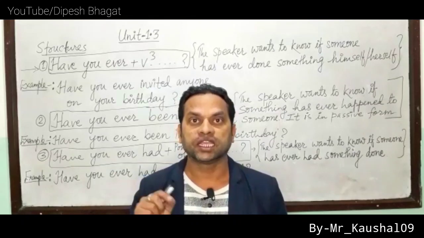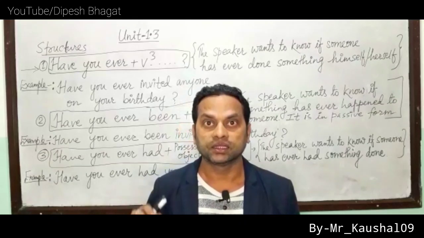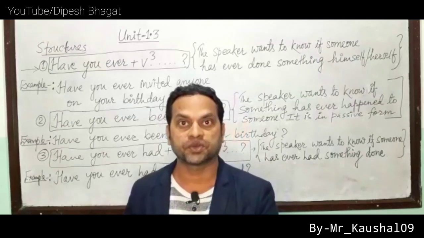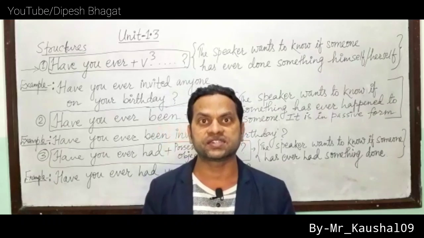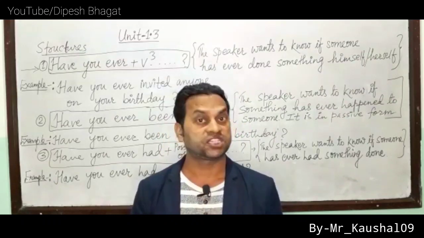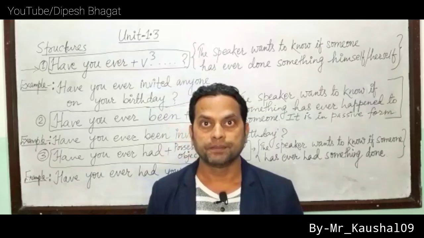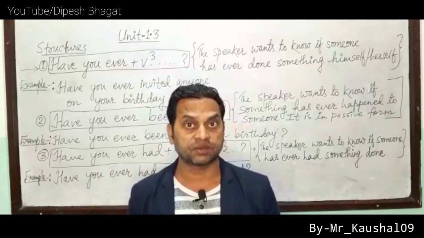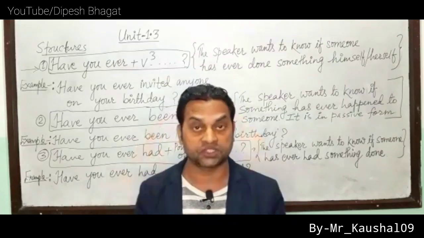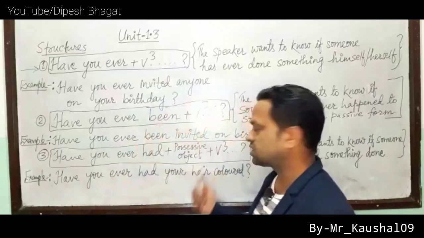Possessive pronouns: his, her, my, your, our, their. These are possessive pronouns plus noun. For example, my marker, possessive object. My coat, possessive object. My students, possessive object. My hair, possessive object. So, possessive object plus verb 3.